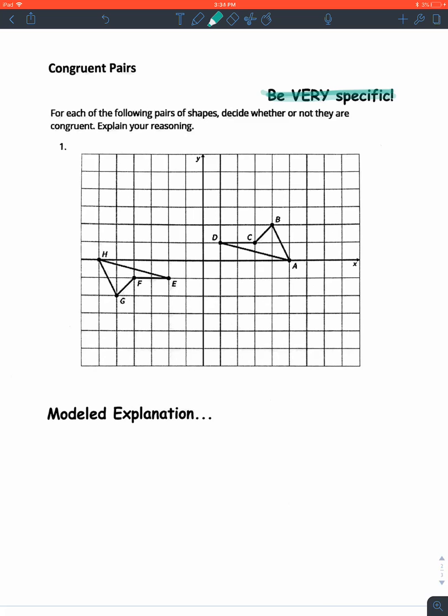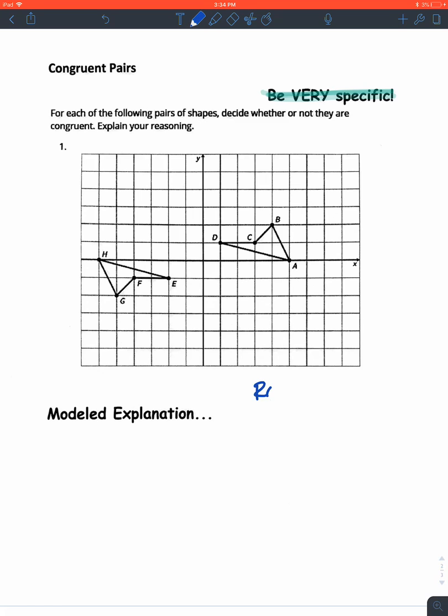So I'm looking at polygon ABCD, and I am explaining why polygon EFGH is congruent. Sorry, my iPad just froze for a minute. So some things I definitely notice is that a rotation happened.